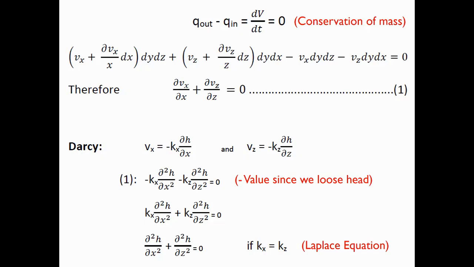According to Darcy, the Vx becomes minus the hydraulic conductivity times the change in h over x, and the same in the Z direction. Just a quick statement, we use a minus sign because we are losing head.